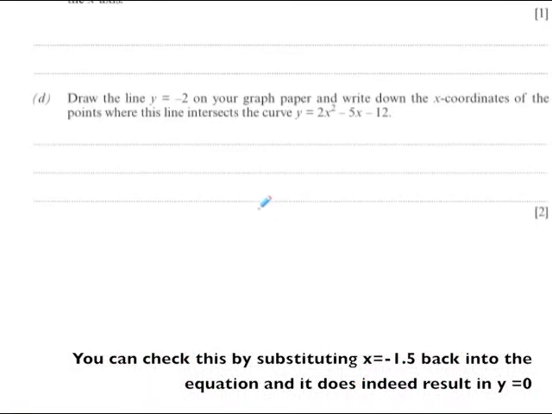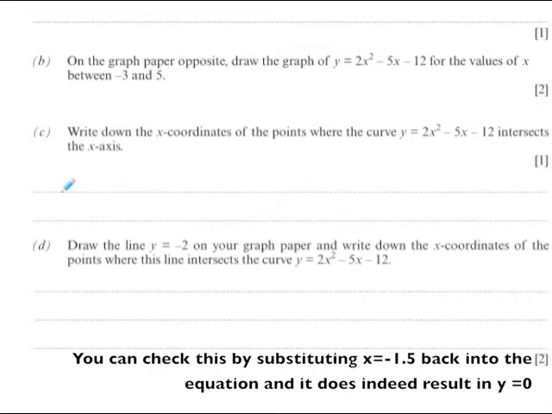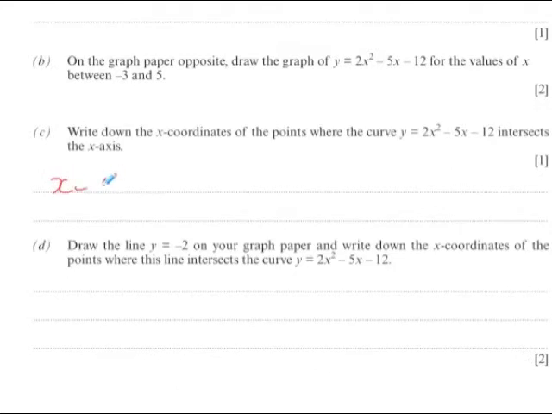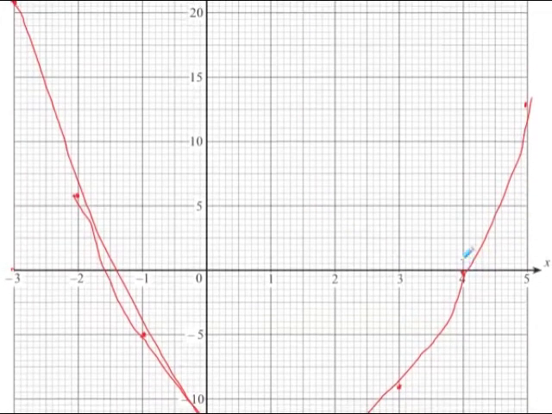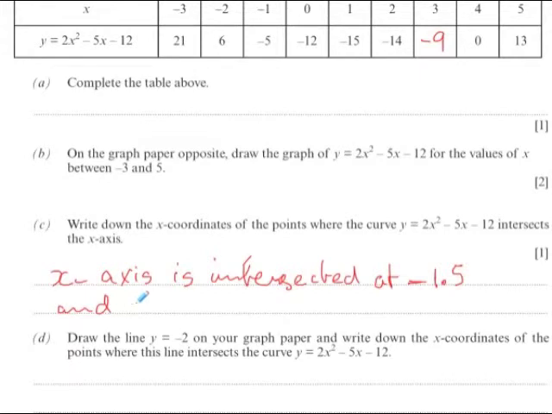Okay, so the x-axis is intersected at -1.5 and we know that it intersects at 4 as well.